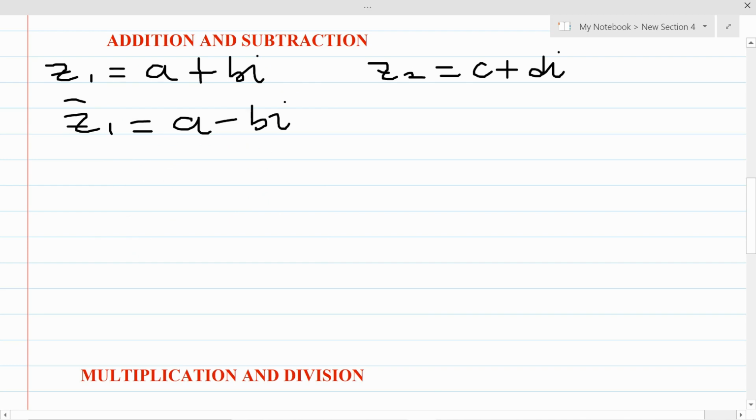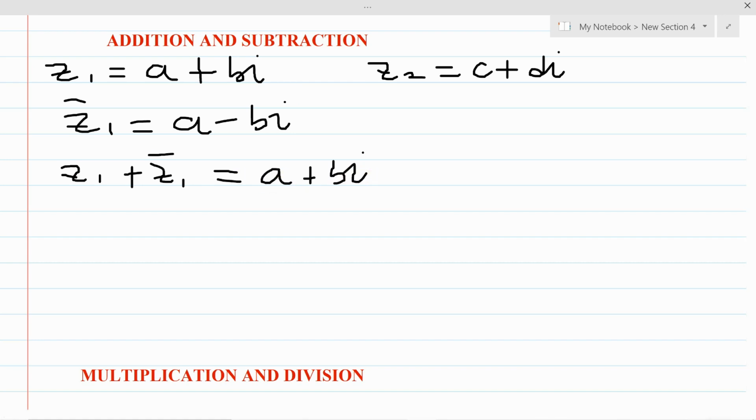That is what we said. Now I want to add z1 and its conjugate. Then this means that z1 plus z1 bar is equal to a plus bi plus a minus bi.